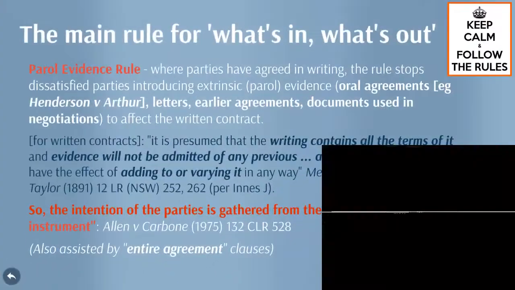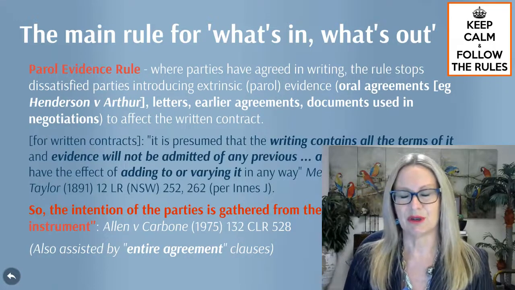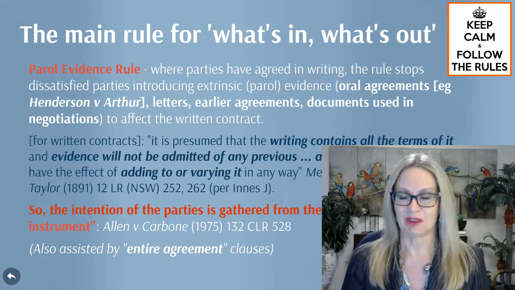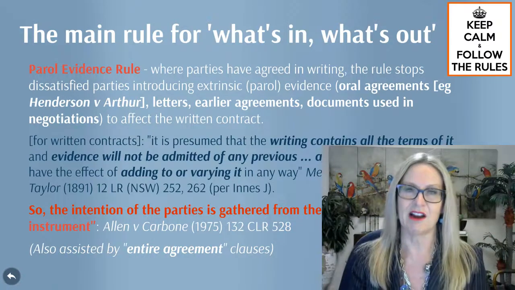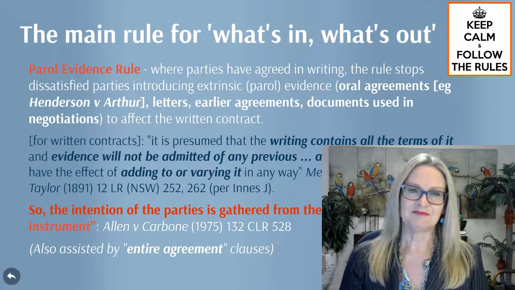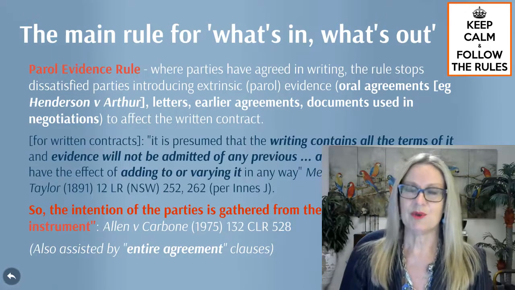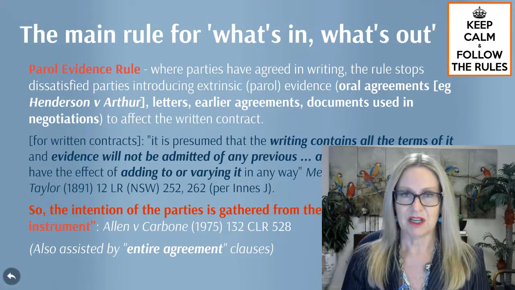So it can be stated fairly simply, and if you have a look on Google for images to do with the parole evidence rule, you'll find all these complicated diagrams. It's actually not that complicated. What's it there for? It's to stop all of the argy-bargy that goes on in trying to dispute the terms.